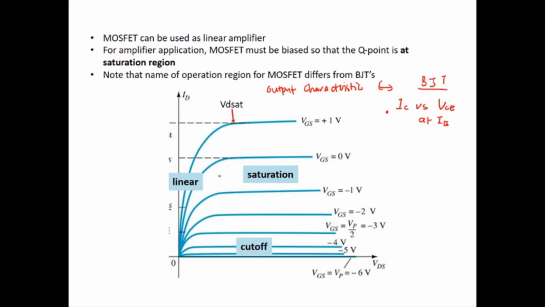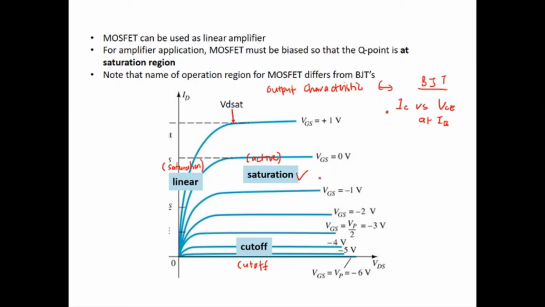For example, the linear region here is called saturation in the BJT, and the cutoff where the current is 0 is the same, we also call it the cutoff region. The saturation region here, for the BJT we call the active region. So for the MOSFET output characteristic, this is linear, this is saturation, and this is cutoff. The suitable operating region for the amplifier application will be the saturation region.